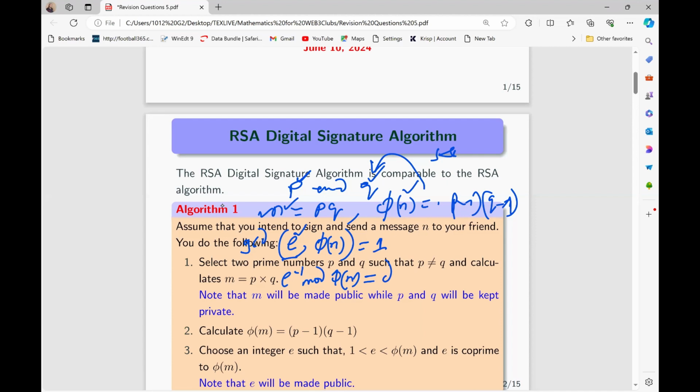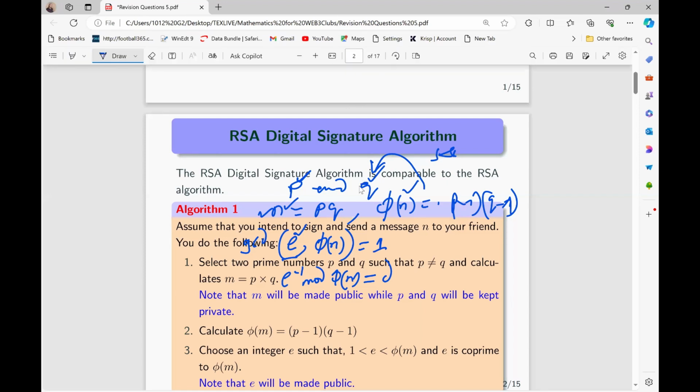This is supposed to be secret. In the case of the RSA algorithm, this is the decrypting key, but we shall give it a different name for purposes of signature. Now, what is made public?